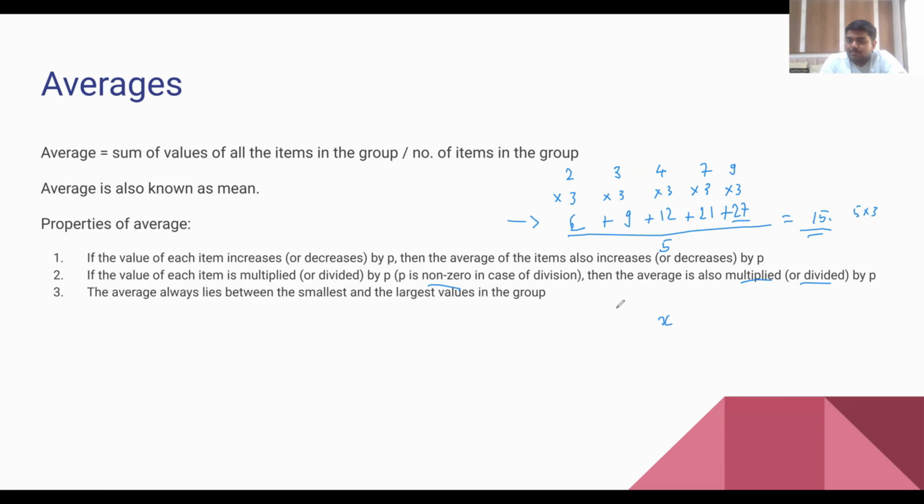The smallest is 3 and the largest is derived from some equation. Or let us say there will be a quadratic equation from which you get 2 roots and x lies between those 2 roots. So this thing is vital in such cases. Like if x is given as the average, it will lie between the 2 roots. Understood?